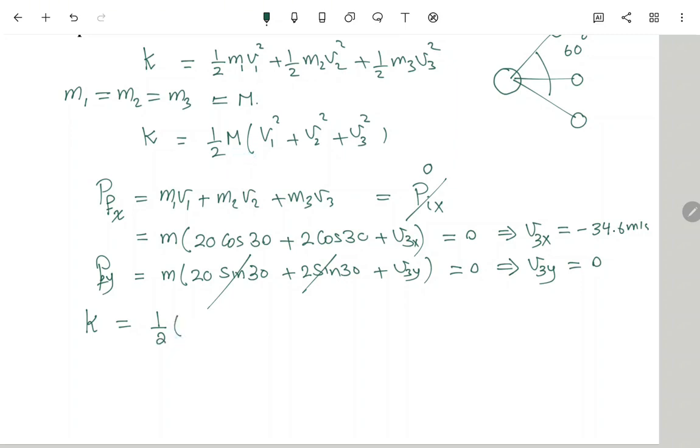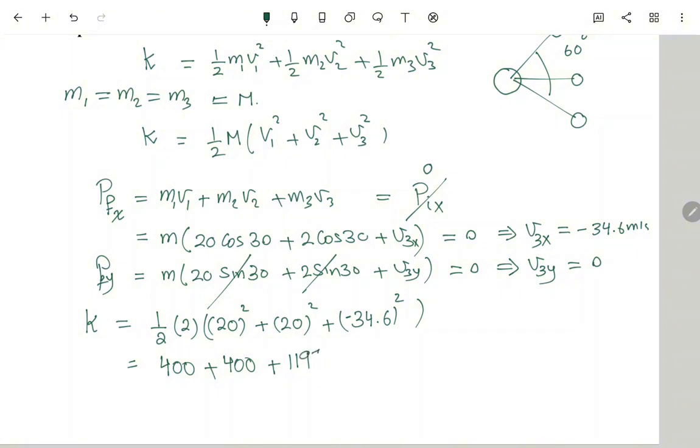In this case it's 2, because the 6 kilogram splits into 3 equal pieces, so each piece has a mass equal to 2 kilograms, times 20 squared plus 20 squared plus 34.6 squared. The negative doesn't matter because it's a square, so 400 plus 400 plus 1197. In total, the released kinetic energy is equal to 1997.2 joules.